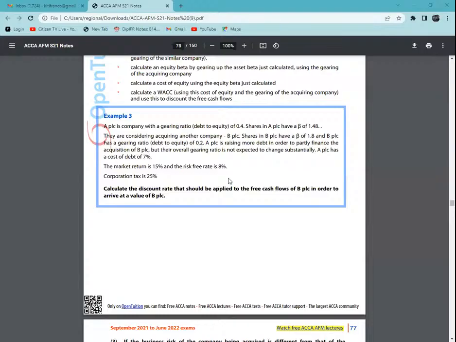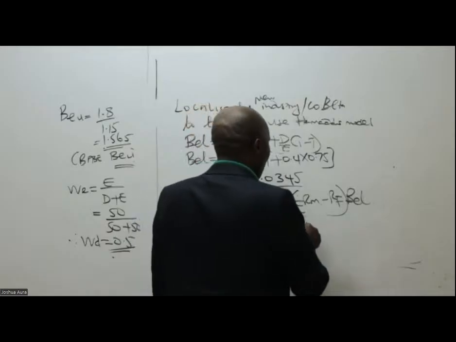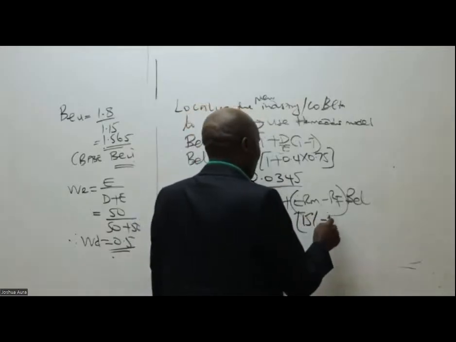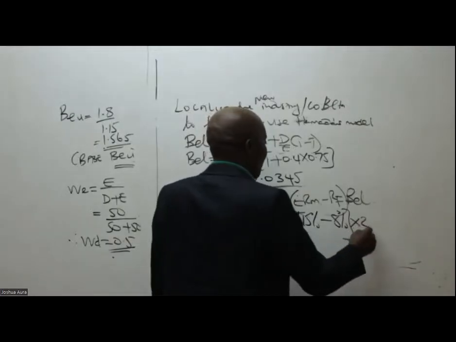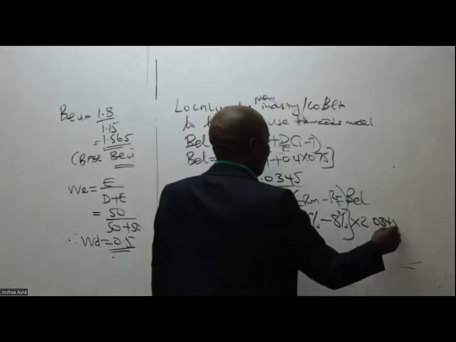I'm being told it's 8%. Thank you so much. Plus, are you able to see the expected return of the market? Yes, market return here is 15%. So market return of 15% minus risk-free of 8% multiplied by the BEL that we got up here, which is 2.0345.